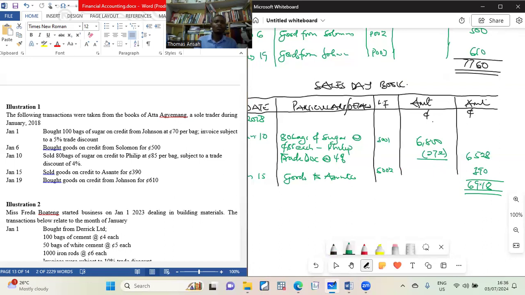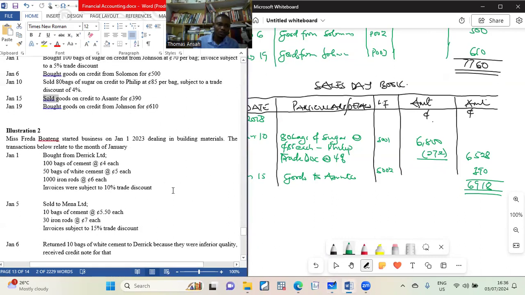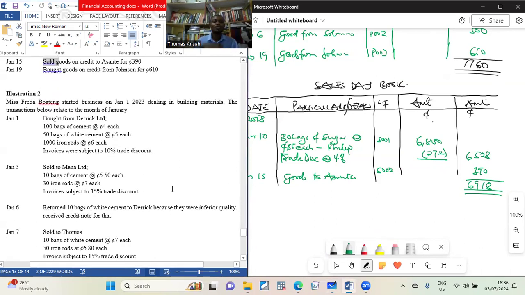So what we will be doing is to pick a full question. In that full question, we will be looking at something like this. This one involves returns. In the next concept, we will look at illustration 2, where the person bought all these things, and returned some. So you open another account, a return inwards or a return outwards account.